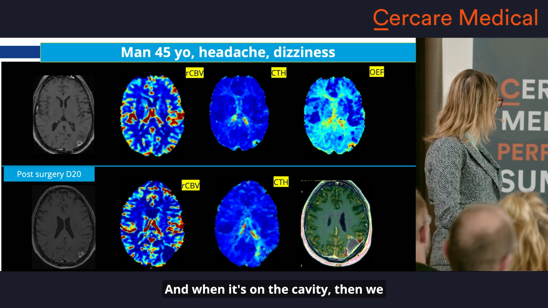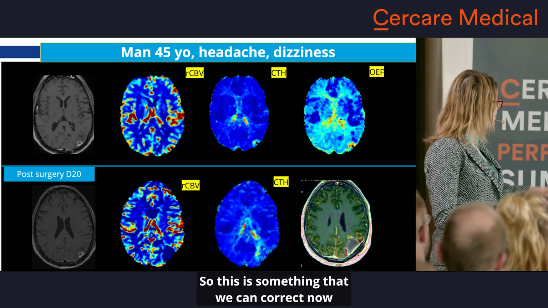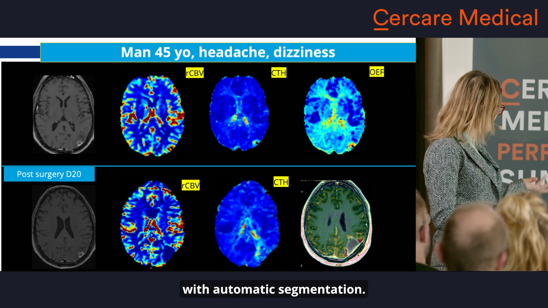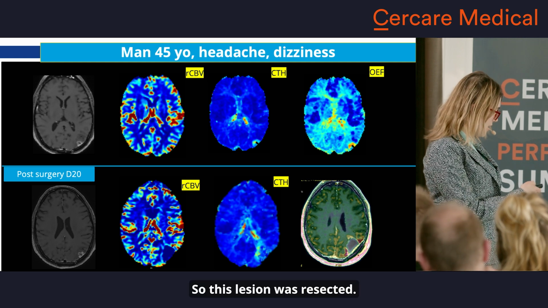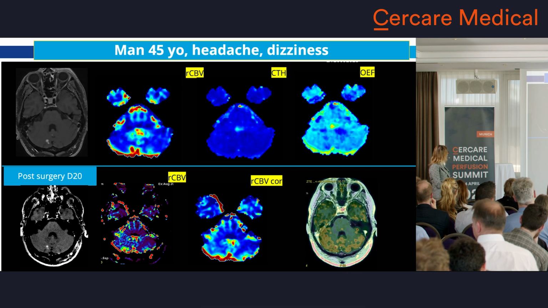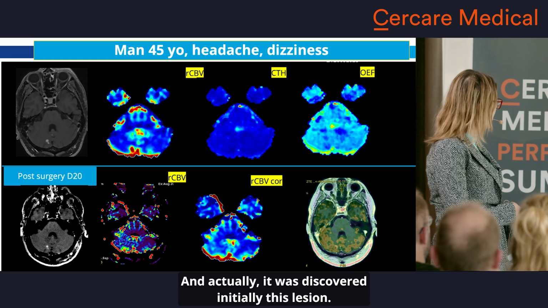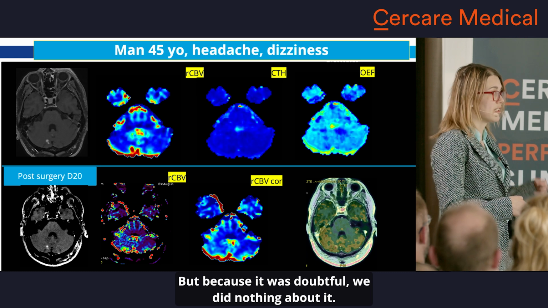When it's on the cavity, then we can have some noise in it. So this is something that we can correct now with automatic segmentation. We'll see later. So this lesion was resected. But what was interesting is that there was another lesion. And actually, this lesion was discovered initially, but because it was doubtful, we did nothing about it.